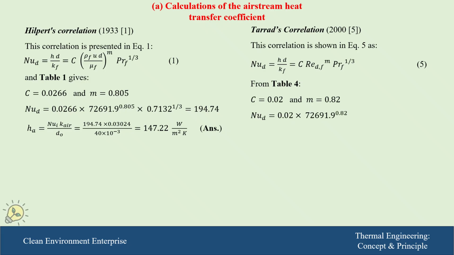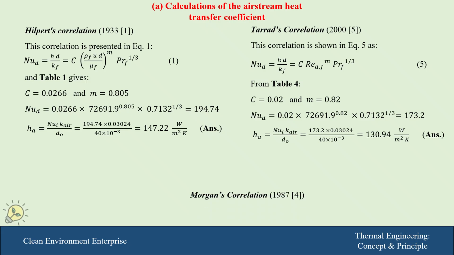Then Nusselt number will correspond to 173.2. Then the heat transfer coefficient of air from the definition of Nusselt number can be obtained to be 130.94 watt per meter square Kelvin, and this is the final answer for the estimation of heat transfer coefficient by the Tarad correlation.